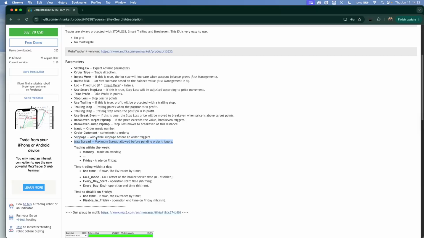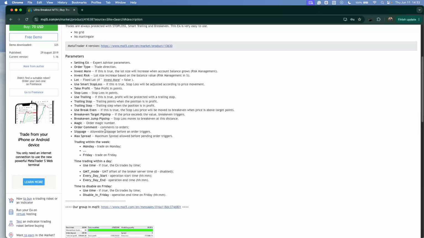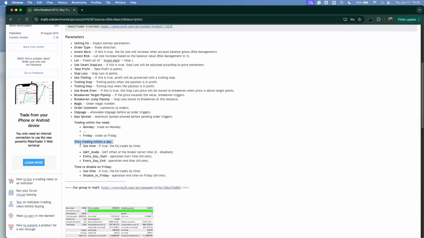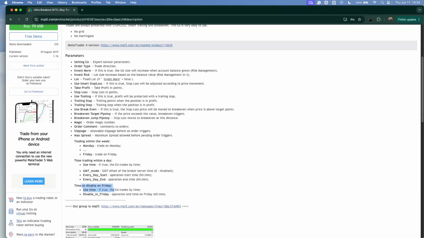Then there are detailed trading time windows for each day. This helps you filter the days you want the expert advisor to be running, even the time within the day. You can disable it on Friday if you want. These are the settings that actually matter, and they let you fine-tune risk and skip poor trading environments.